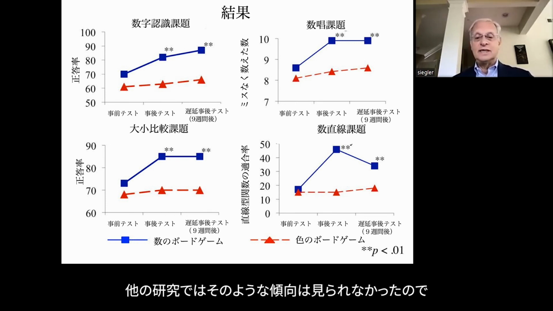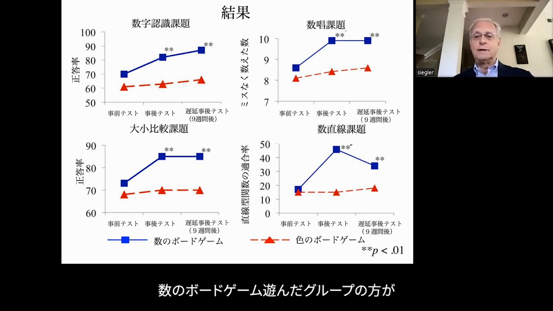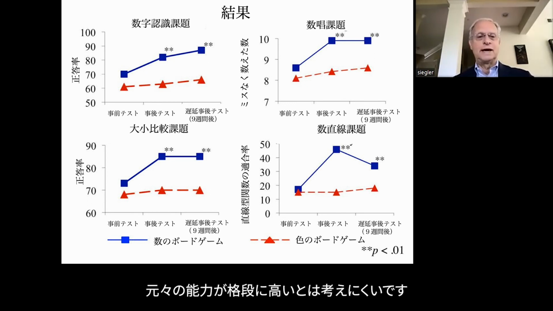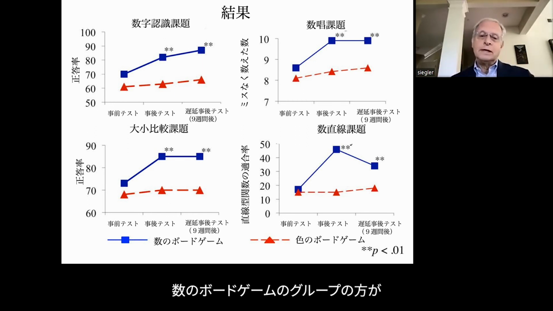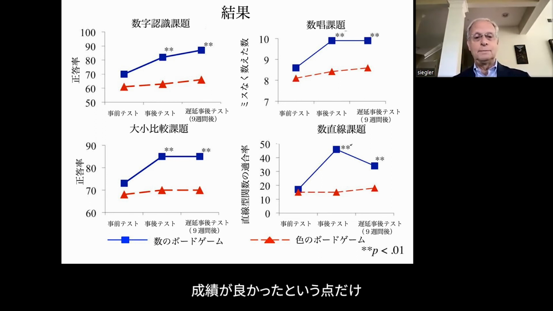That isn't the case in any of our follow-ups. We have about 6 published studies that use different particular aspects and versions of the number board and color board game. In this particular one, the kids were a little better at pre-test in the number board game, but that wasn't true in general.